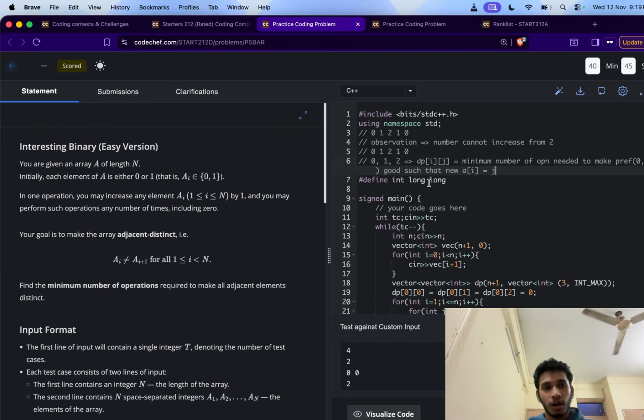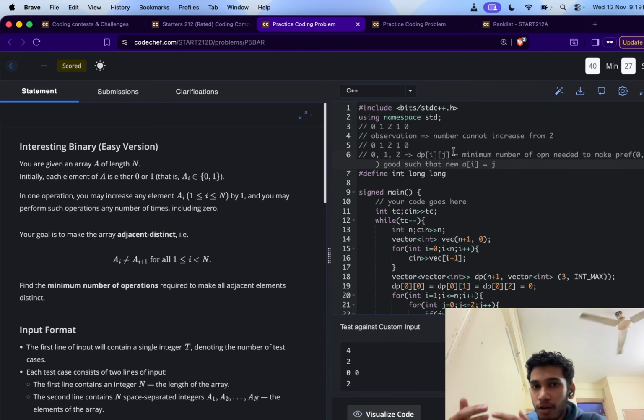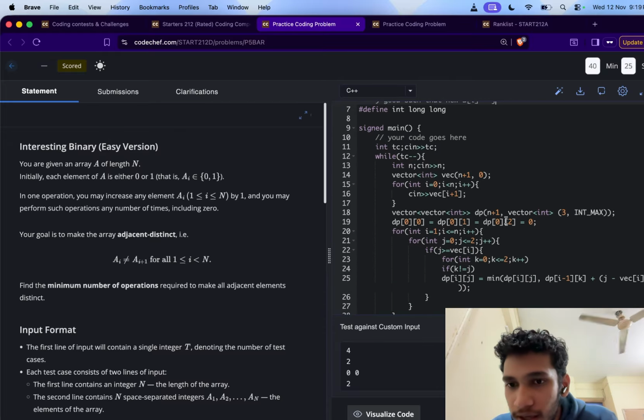And what is a good array? A good array is an array where none of the adjacent values are equal. And j represents the new value at a of I. It can be either 0, 1 or 2. So that's why we created dp 0, 1 and 2.